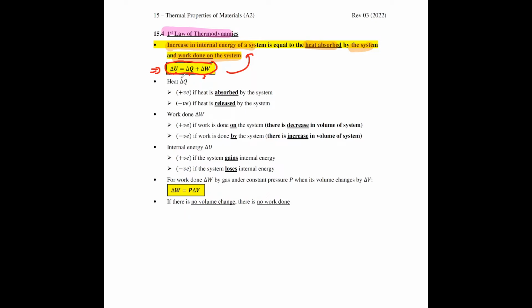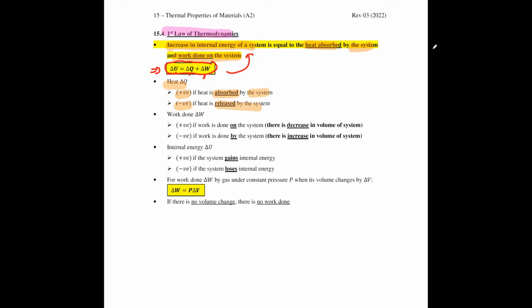Now it's because they assign a positive and negative to the variables and there's a specific meaning attached to them. If you're talking about the heat, delta Q, heat is positive if it is absorbed by your system, but it is negative if it is released by your system.